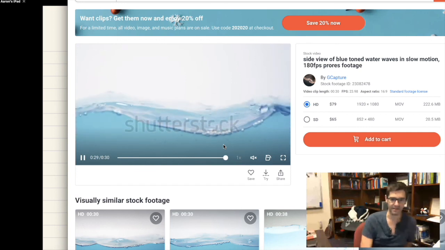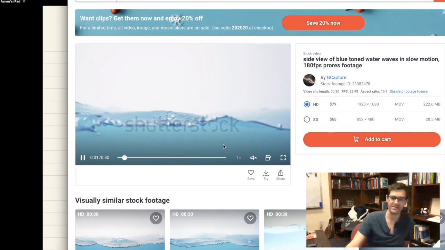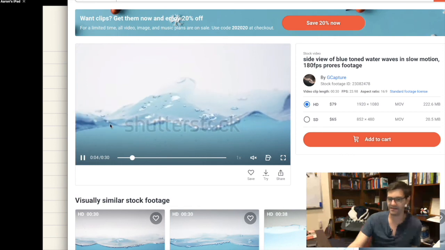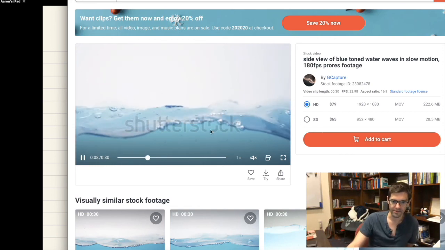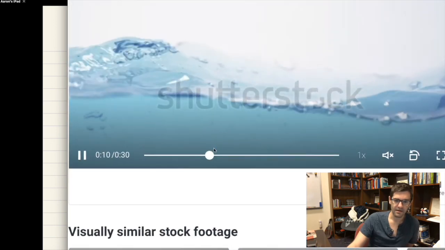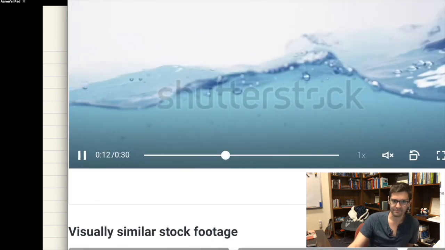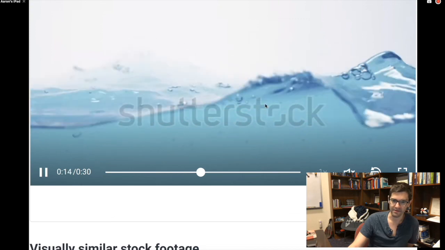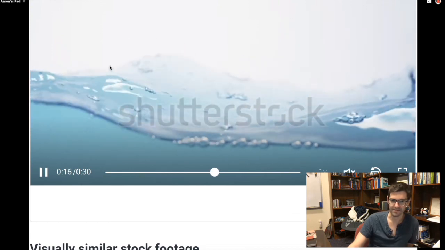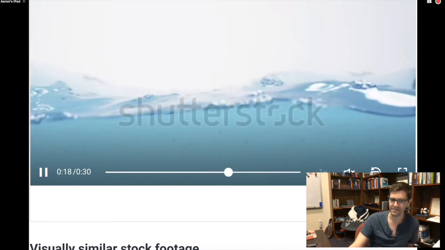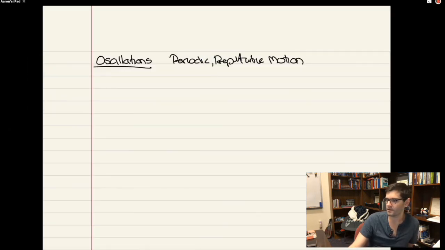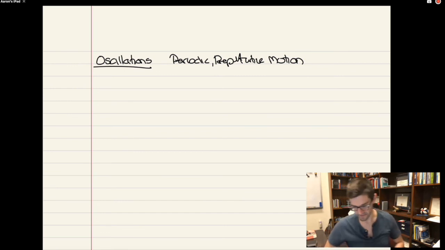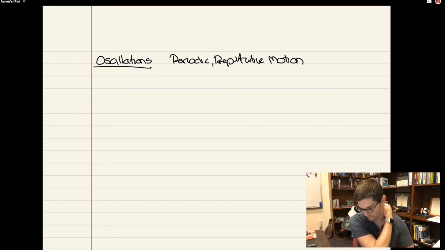You would feel that work could be done. You would get a sense of all that kinetic energy that the water wave has, even though individual water particles or molecules are not actually going anywhere. They're just bouncing up and down. Yet something is clearly traveling from left to right in this case. So that's what we want to explore with oscillations and working towards wave motion.